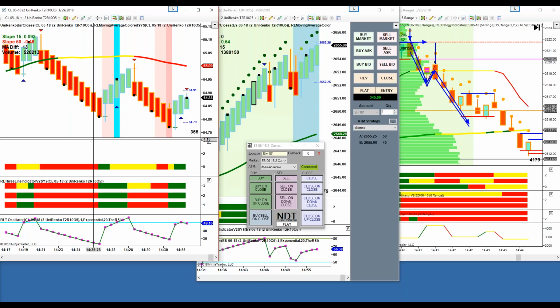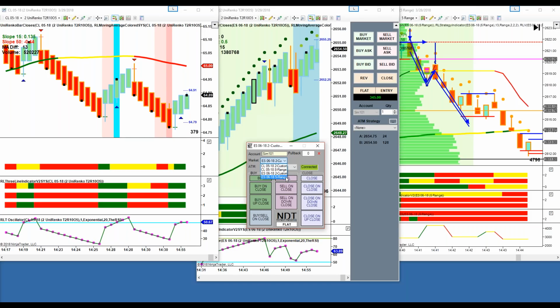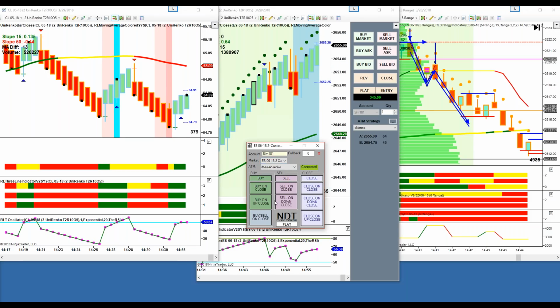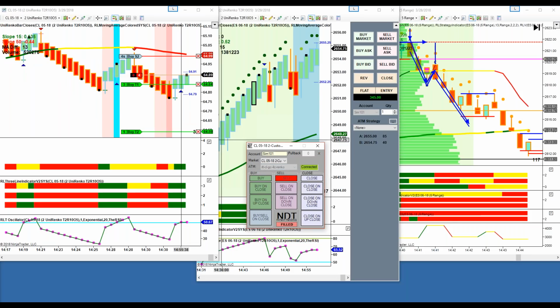And I'll show you the ATM. All I got to do is just move this to crude. And we'll sell. Order pending. Order filled. First target's 5. Second target is 30.